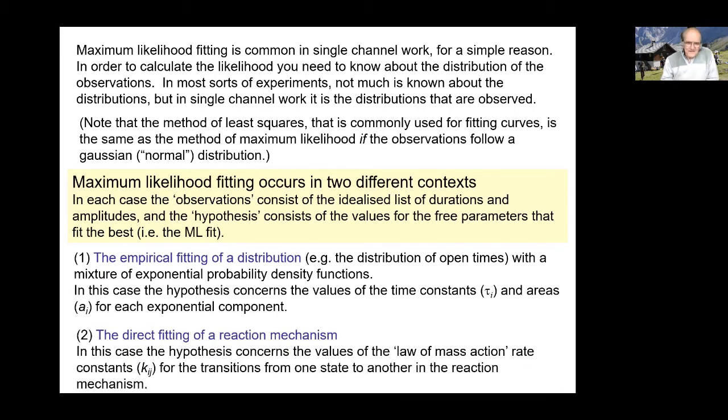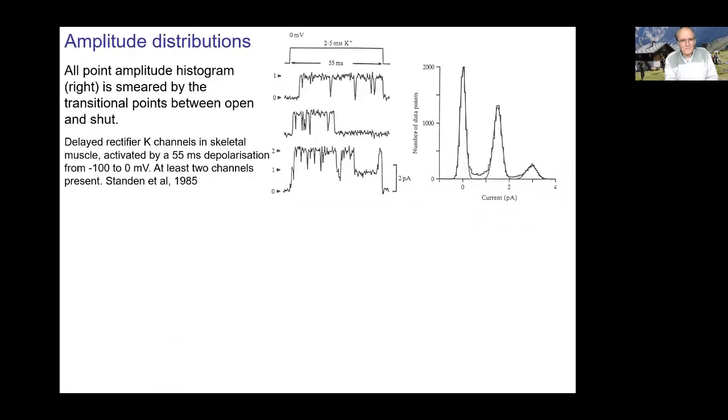What we want to fit is the reaction mechanism itself, so that rather than getting the time constants and areas of exponentials, you get the actual transition rates, the transition rate constants, which govern the movement of the mechanism between different states. In other words, you want to estimate the elements of the Q matrix. That's quite a different thing and much more valuable.